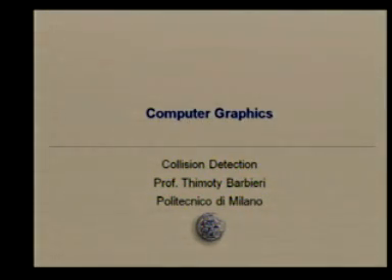This set of slides is related to a problem which is common when you are making computer graphics simulations or visualization in which you have a degree of interaction with the user, which either is moving objects around or moving his point of view inside the scene.